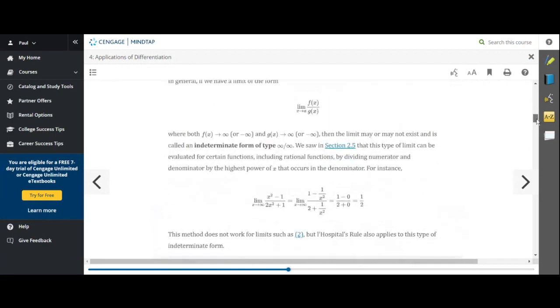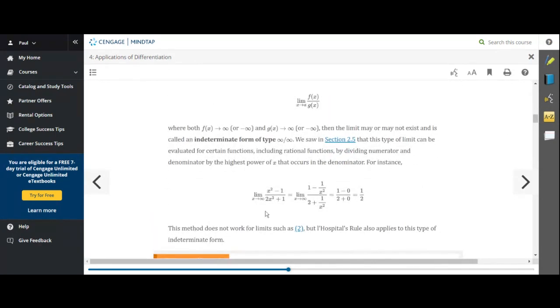Now, in Calculus 1, you had an example where you take the limit as x approaches infinity of x squared minus 1 over 2x squared plus 1. For that problem, you can divide through numerator and denominator by x squared, and then you find the limit is a half. How many remember doing that?